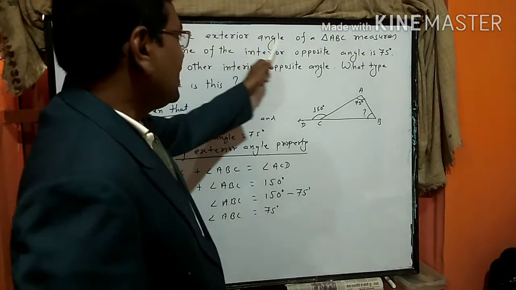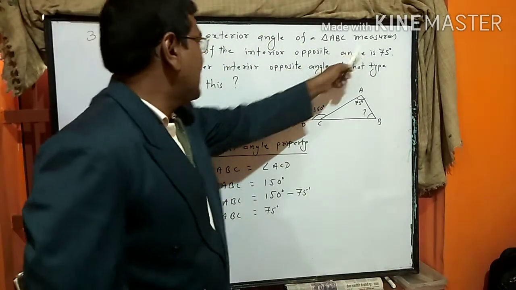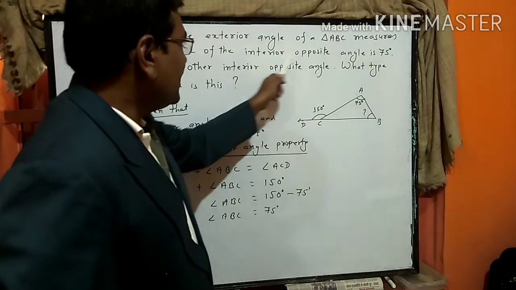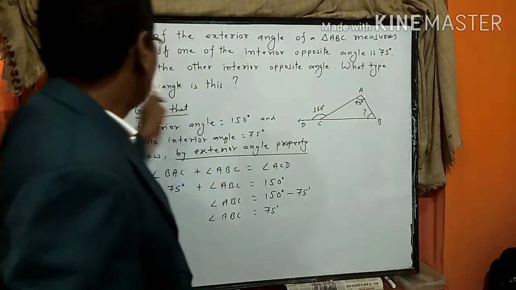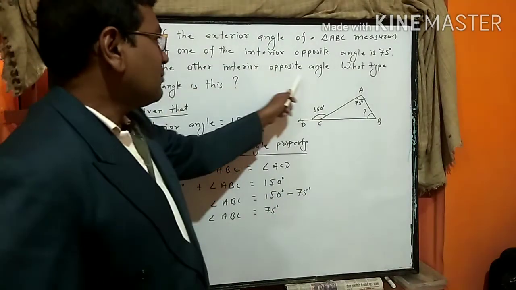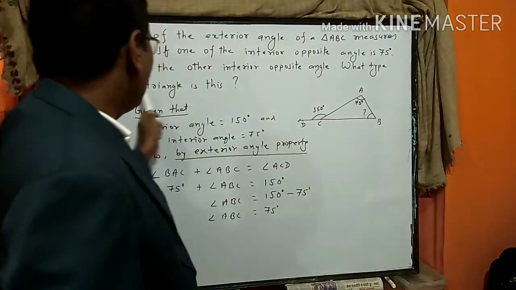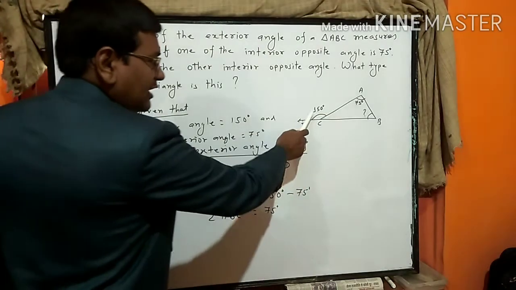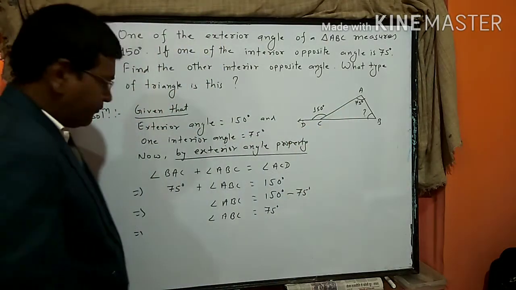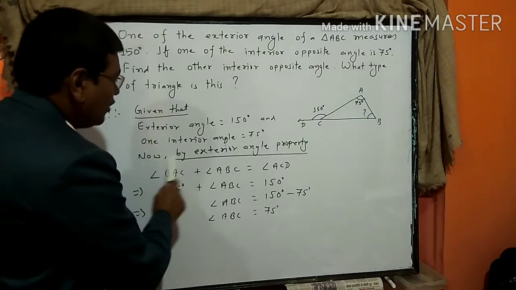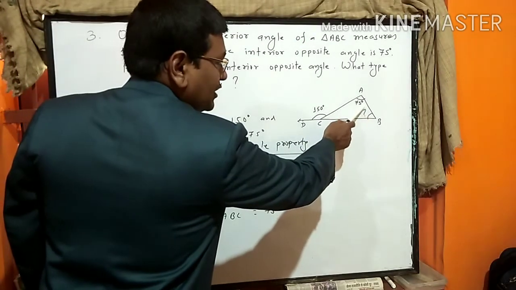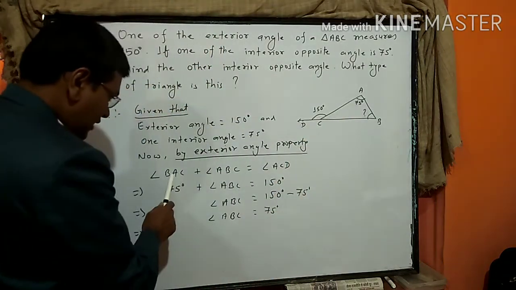One of the exterior angle of a triangle ABC measures 150 degree. If one of the interior opposite angle is 75, find the other interior opposite angle. What type of triangle is it? Exterior angle, interior angle. Now by exterior angle property, sum of two opposite interior equal exterior.